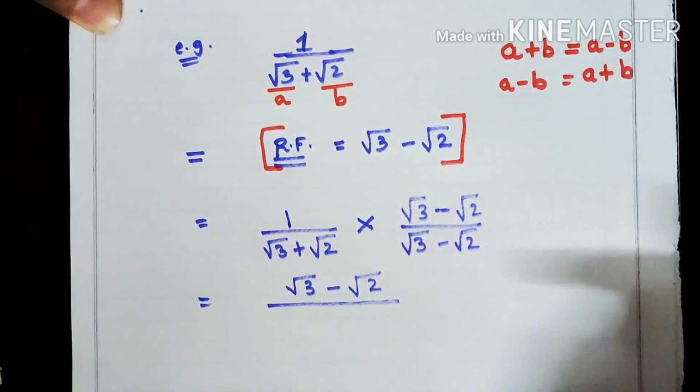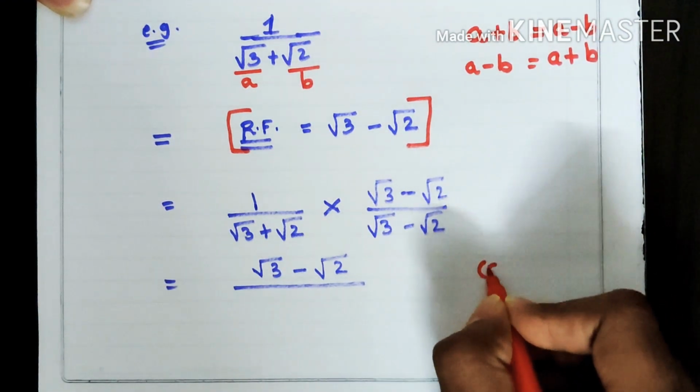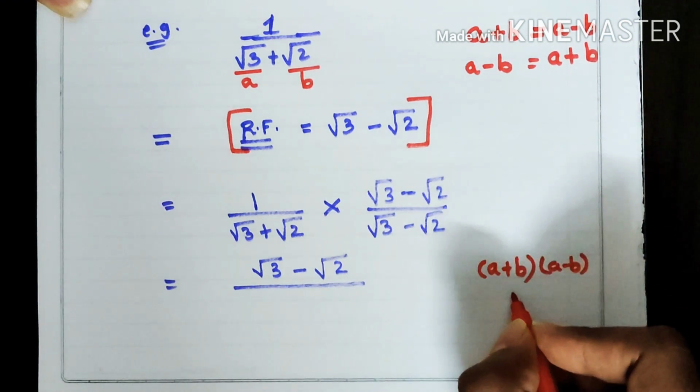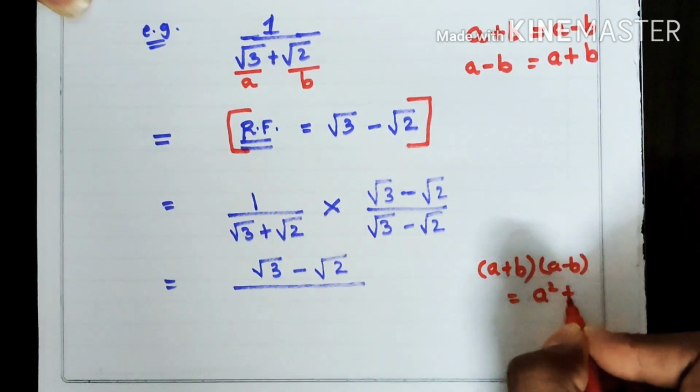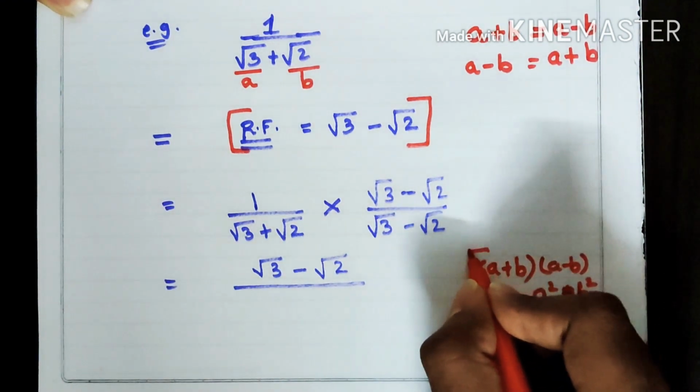In 8th standard we learned about identities in the algebraic expressions and identities chapter. a plus b times a minus b will make a square minus b square.